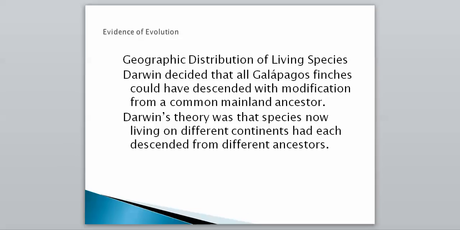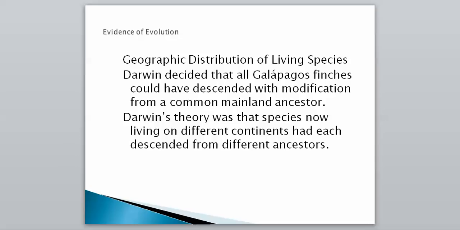Our next one is the geographic distribution of living species. Darwin decided that all his finches, because remember in our activity Darwin thought he only had one species of finch, but actually he had 13 different species, could have descended with modification from a common mainland ancestor.